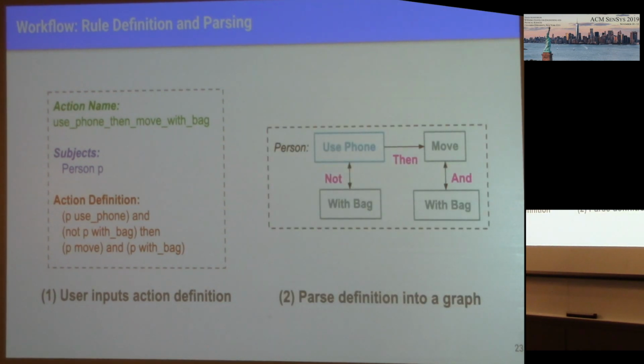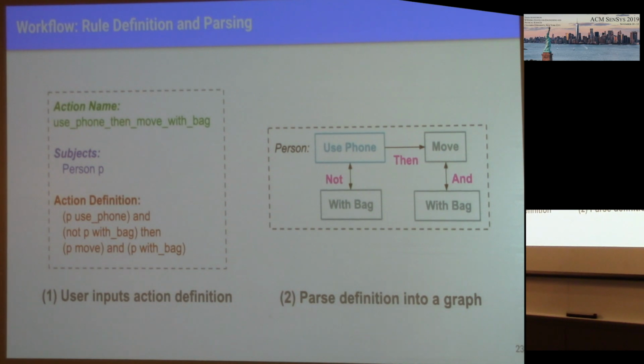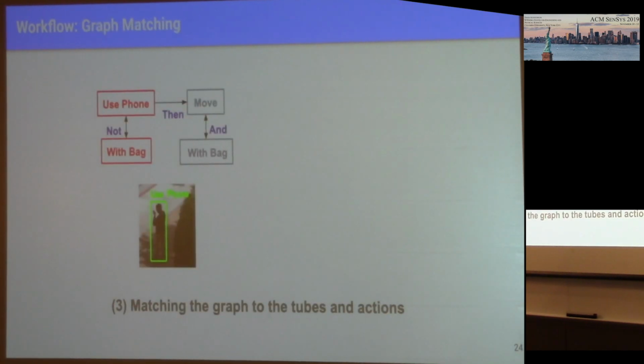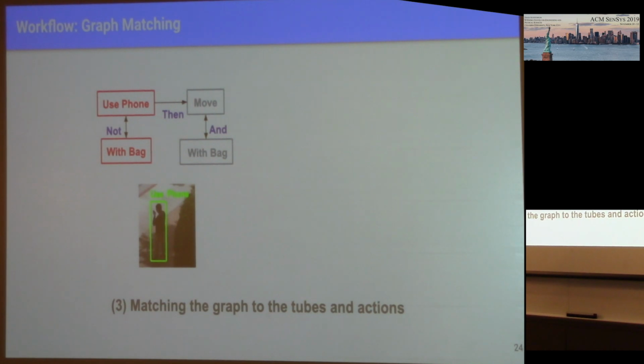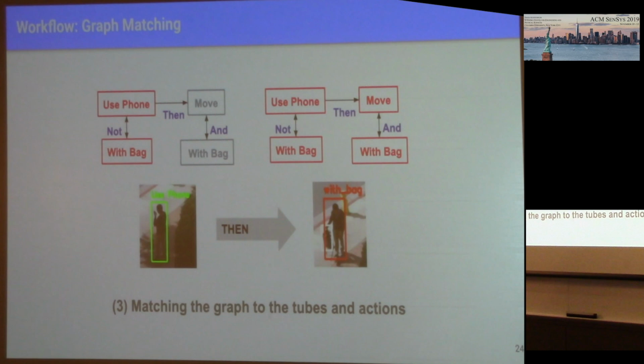In the backend, Caesar will parse this definition into a graph. At runtime, Caesar will process the tubes frame by frame and try to match that graph. Whenever one node in the graph is matched, it will be marked red, like this. As time goes on, once this person is captured moving with the bag, this graph will be fulfilled, and Caesar will output a positive result.